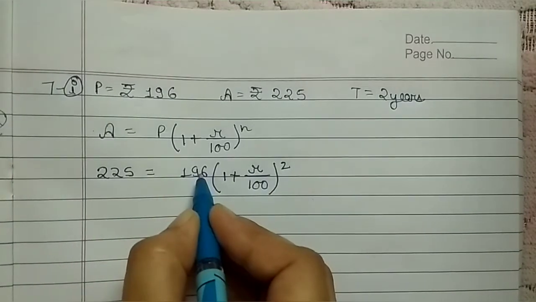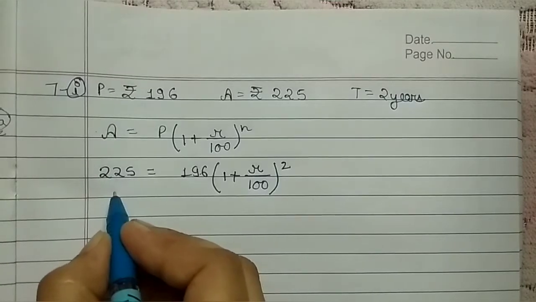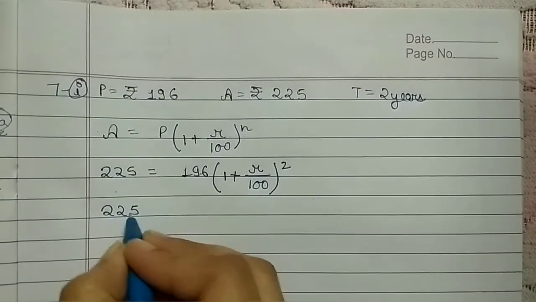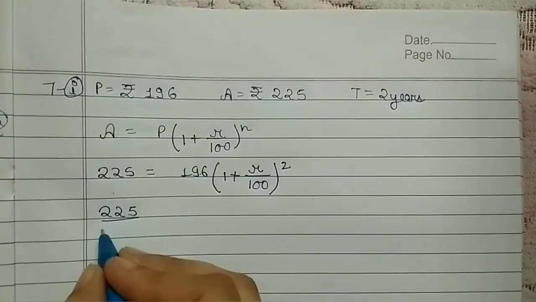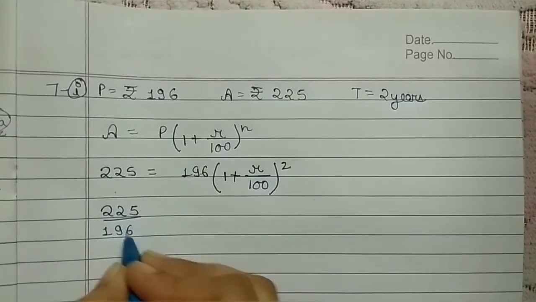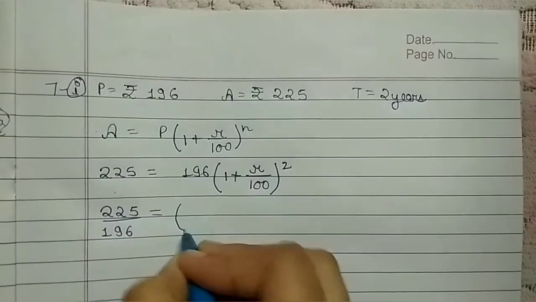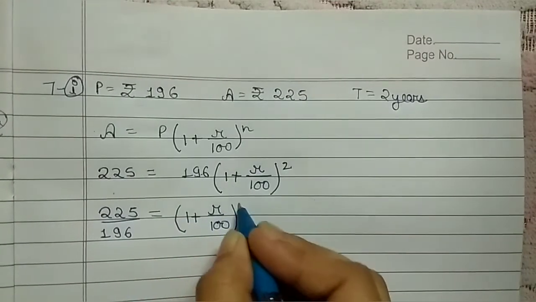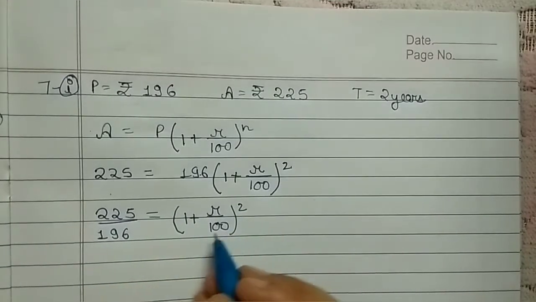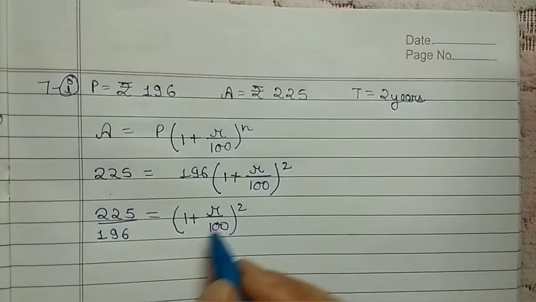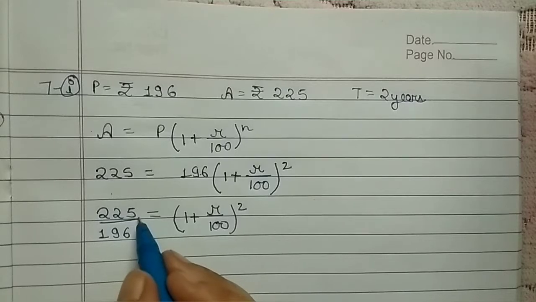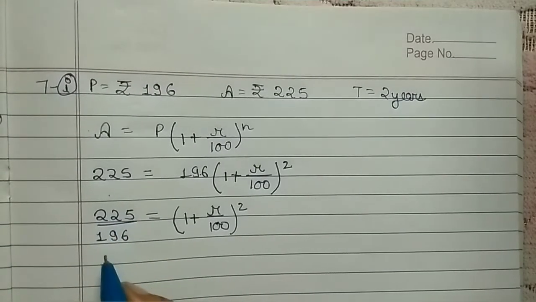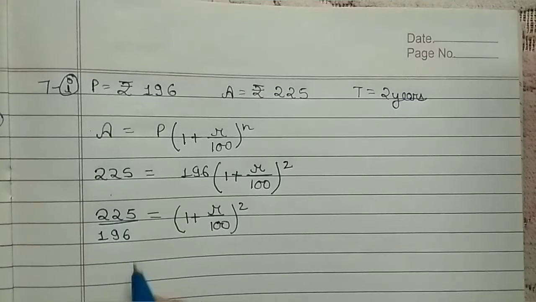This 196 will go here in the denominator. We will get 225 upon 196 equal to (1 plus R upon 100) whole square. Here is square, so we will do squaring here also. Square root of 225 is 15 and of 196 is 14.